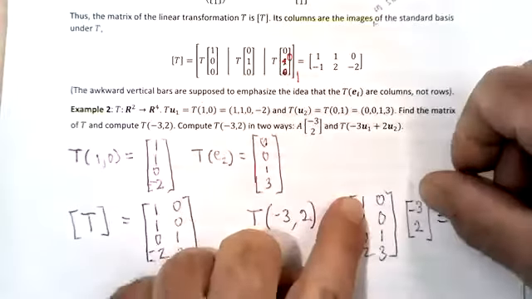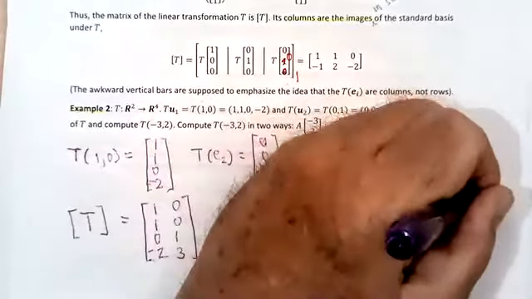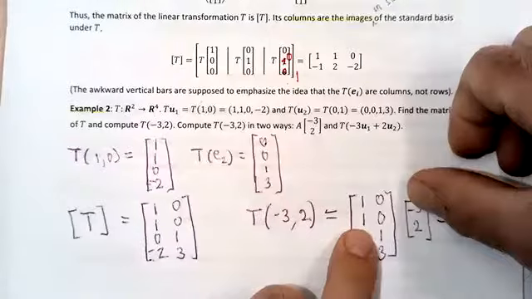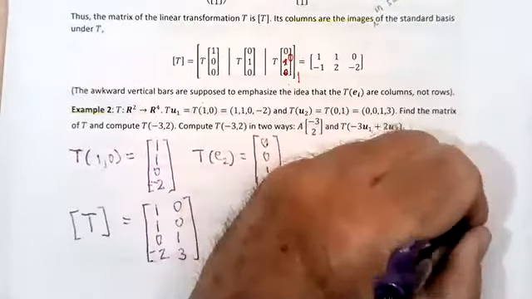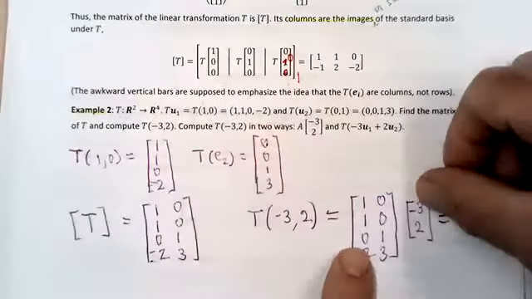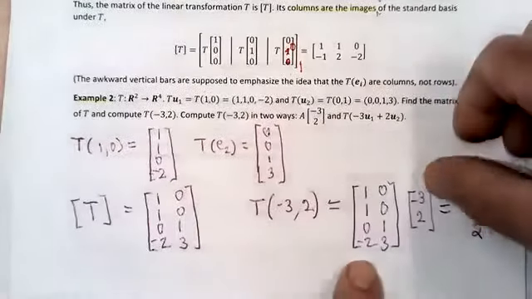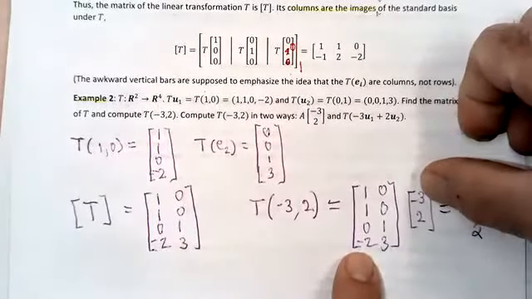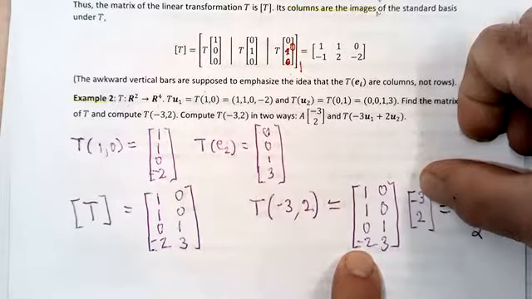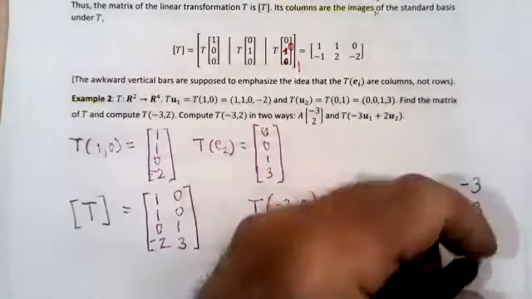So it's going to be minus 3 plus 0, minus 3 plus 0 again, 0 plus 2, and let's see here, this is 6 plus 6, 12.